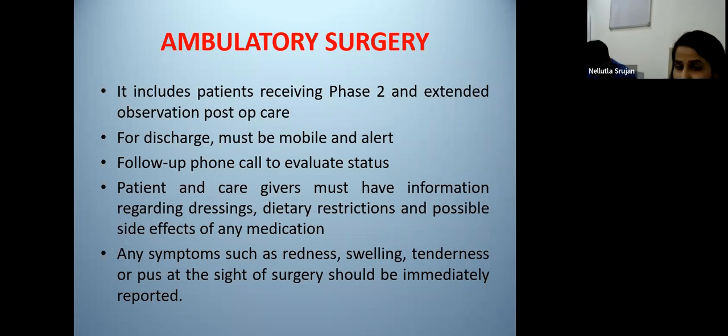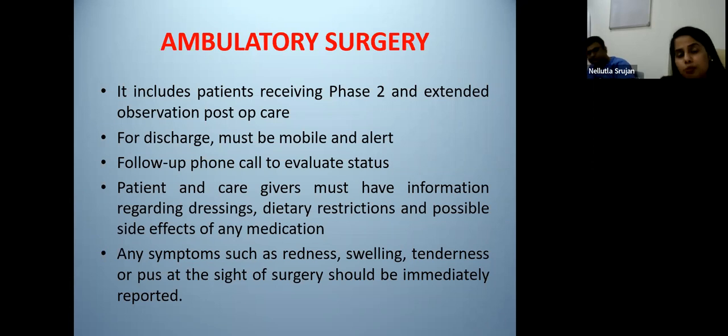We have to give a detailed description for the dressing, when it is to be done, and what diet the patient is restricted to, or what diet the patient can take, because the patient may have diabetes or hypertension. In such scenarios, dietary restriction will be there. So what kind of diet has to be given, what the patient can take, and the health education aspects, we have to explain in detail.